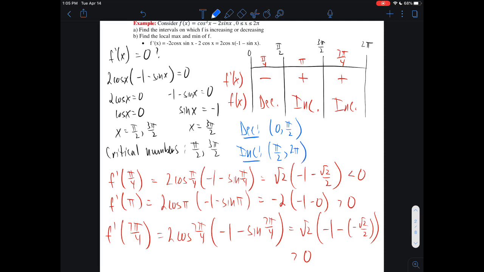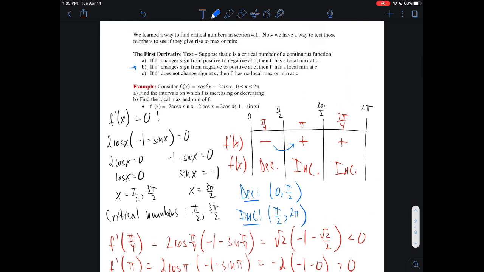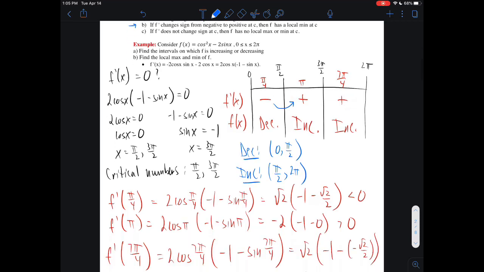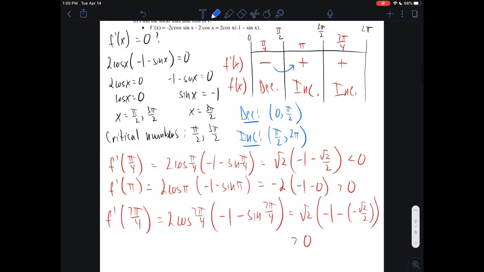And I can also answer for part B, what happens at the one sign change. I notice that I'm changing from a negative first derivative to a positive. So that means I'm going to have a local minimum according to part B of the first derivative test. So I have a local min at x equals pi over 2.